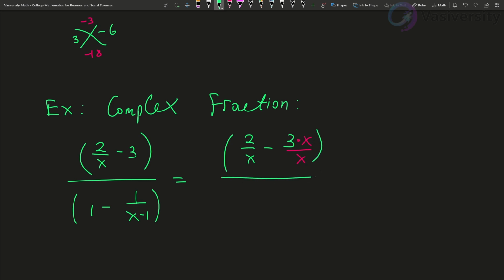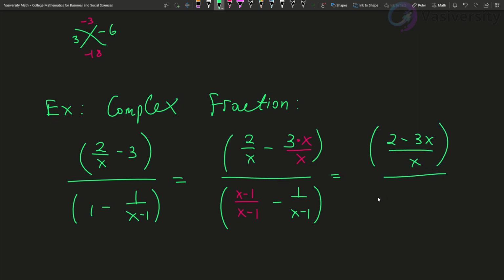Okay, and then we're going to divide by 1 minus 1 over x minus 1. How can we bring it to the same denominator? So we're going to have x minus 1 over x minus 1, minus 1 over x minus 1. Okay, so what are we going to have? We're going to have 2 minus 3x over x, divided by x minus 1 over x minus 1.